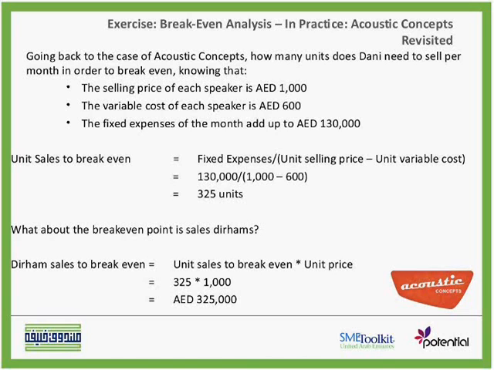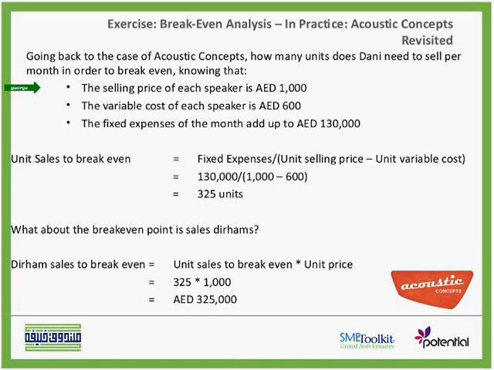For this, Danny has decided to sell his speaker for 1,000 dirham. The variable cost, which is the raw material or the cost of manufacturing and buying that speaker, is 600 dirham. The fixed expense of the month, covering the rent, the salaries, and the advertising, will add up to 130,000 per month.